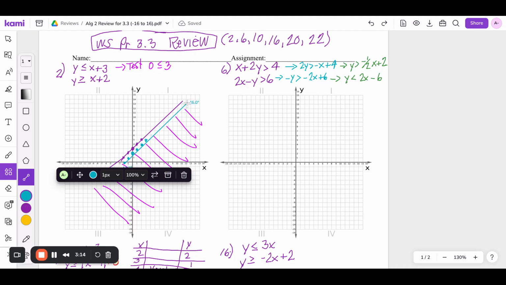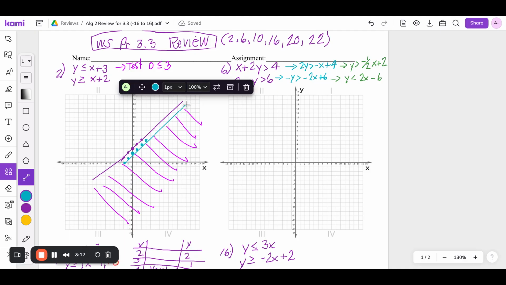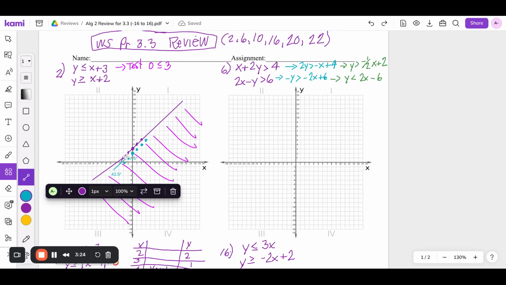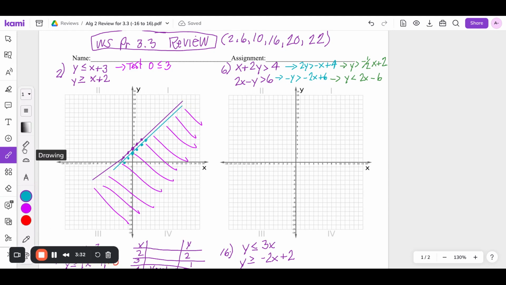But what you're going to notice here is that because the slopes are the same, the lines are parallel. I'm going to try one more time. Okay, so the lines are parallel. They're not going to intersect.